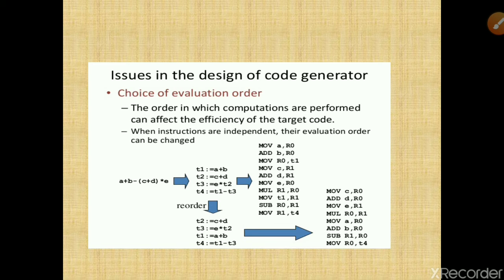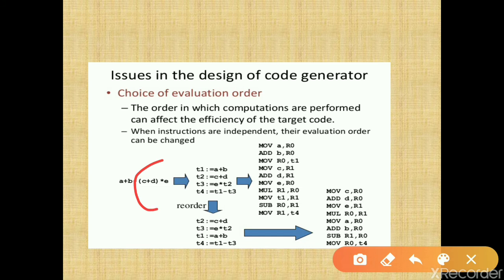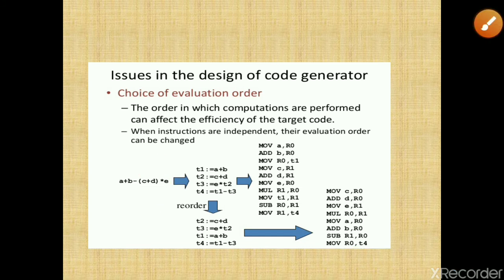Here a plus b is added, then c plus d is multiplied with e, and then t1 minus t3. I am reordering it in another format: first I do c plus d, and that is multiplied with e, as multiplication has higher priority, then a plus b is done, then finding the difference.